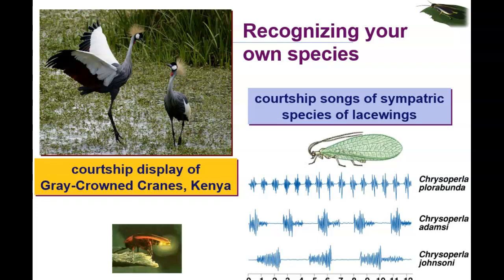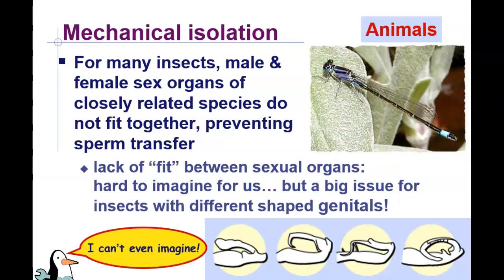Another type of behavioral barrier is different songs, different courtship songs, like in these insects. Another type of reproductive isolation is mechanical isolation. Many insects have very specific shapes of their sexual organs, and if they don't fit together correctly, then fertilization cannot occur. So the reproductive barrier is the fact that they mechanically cannot fit together.